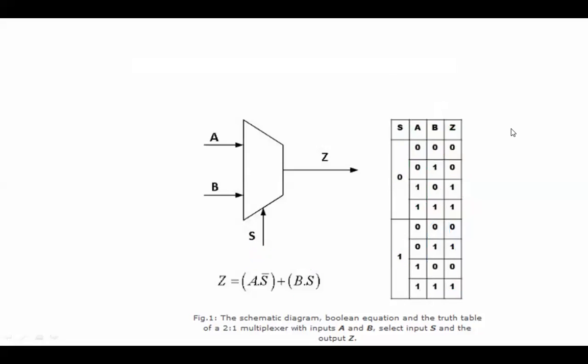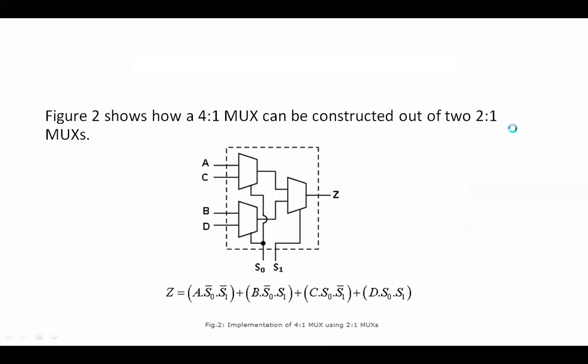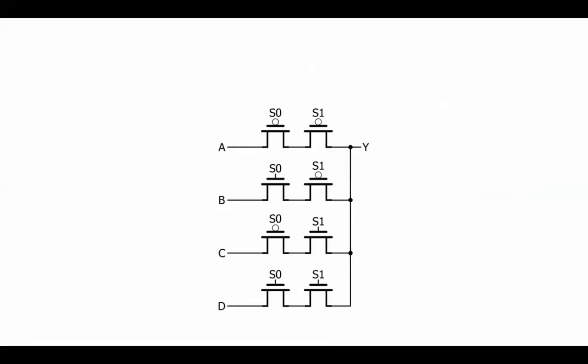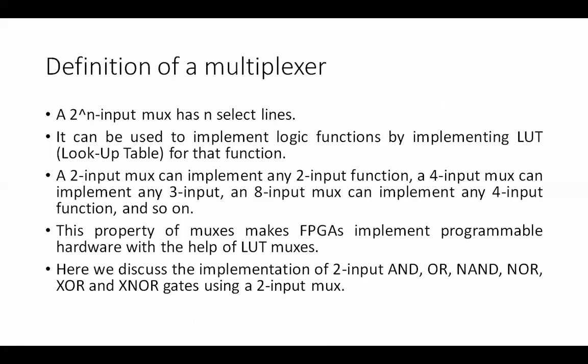Now we will go ahead and understand how this implementation can be done with the help of a mux, having different logical circuitries. All the logical circuitries here can be implemented with the help of your multiplexer, a very important logical component that we'll be discussing.